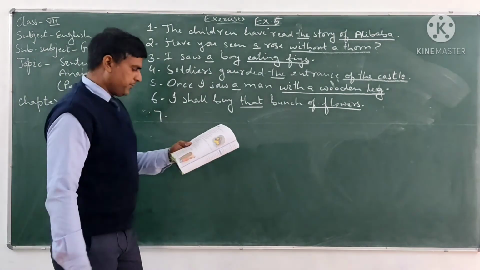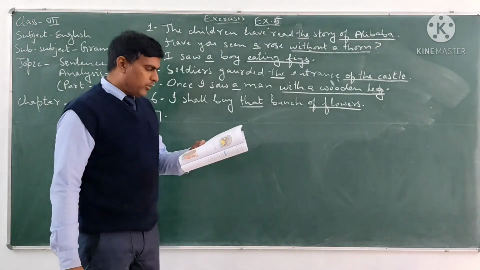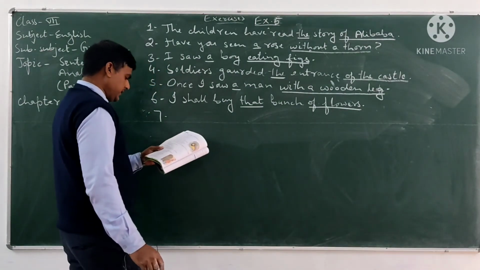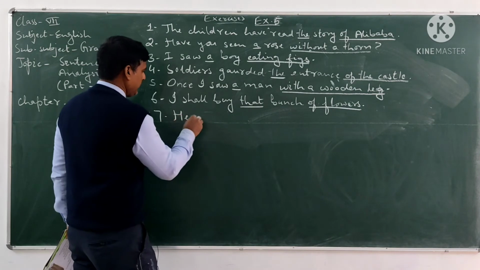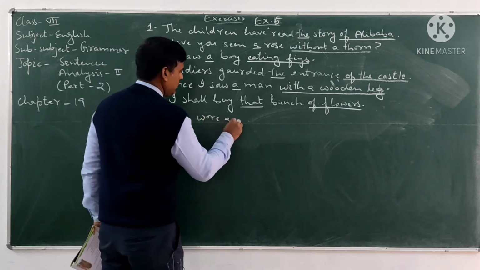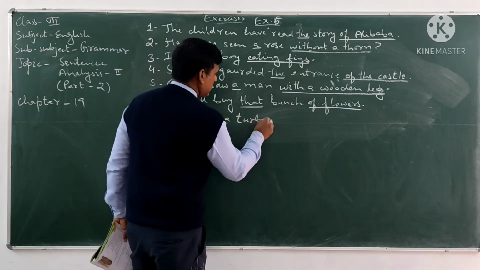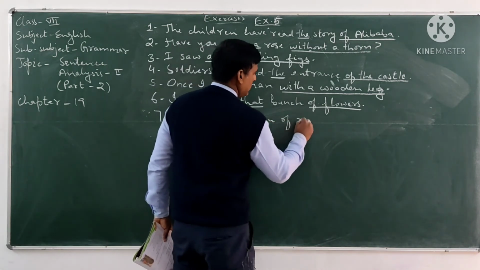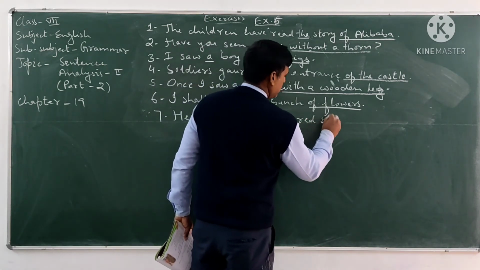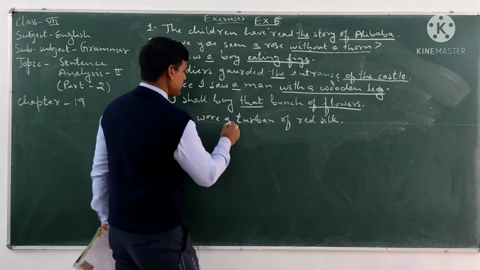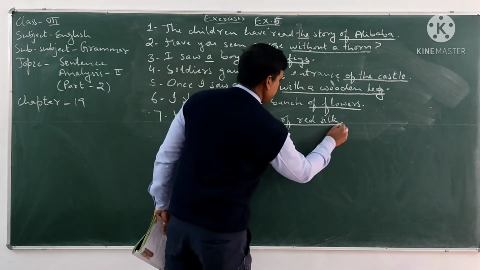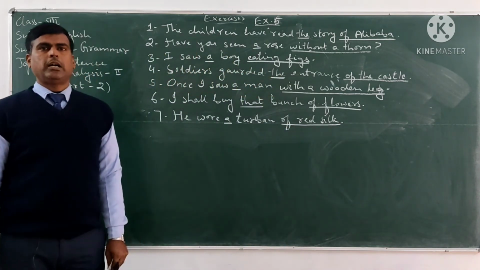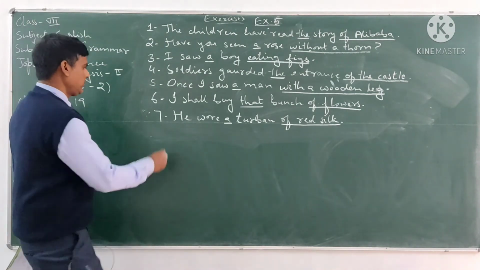Sentence number 7 is, he wore a turban of red silk. In this sentence, a and of red silk are the enlargement of object.